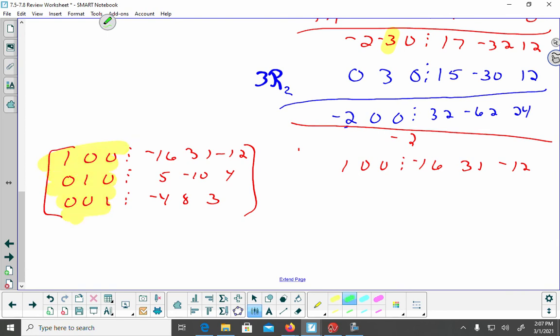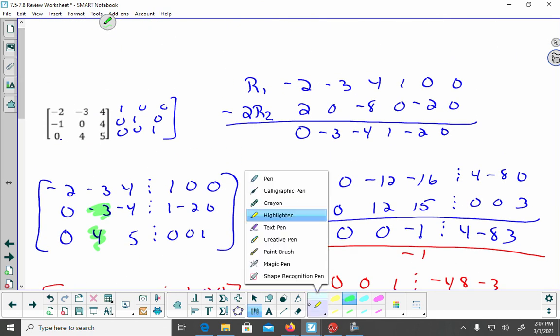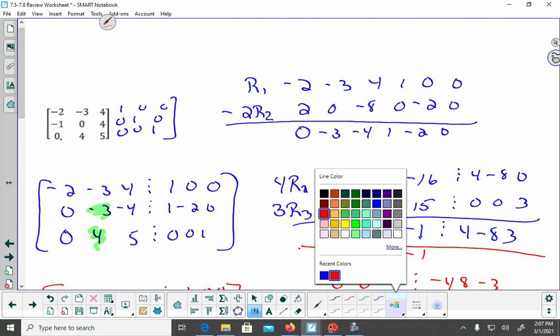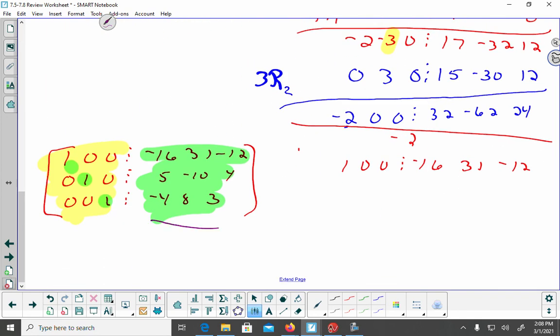And note that these are all positive ones. And then over here is my inverse. And to check it, I can go way back up here. If I would have raised this matrix to the negative 1 power, I should get this as my inverse. And that's how I would check it on my calculator. But you have to show all the work.